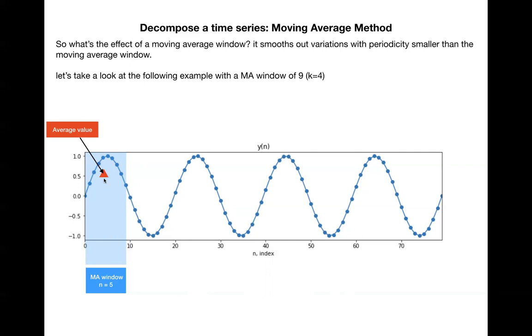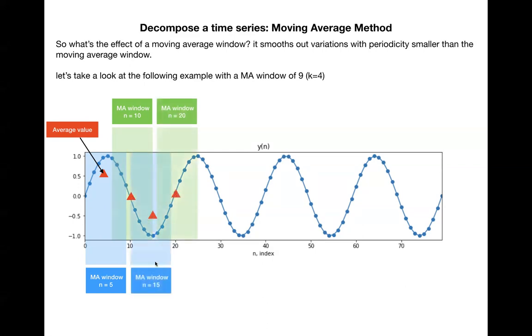Now I move my window in this direction. Let's say I'm moving my index to 10, which is this one. I'm averaging the values in this little green shaded area. Because I have 4 positive values here and 4 negative values here, I get about 0. Now we continue moving the window on to 15, 20, 21, 22, 23, all the way along.